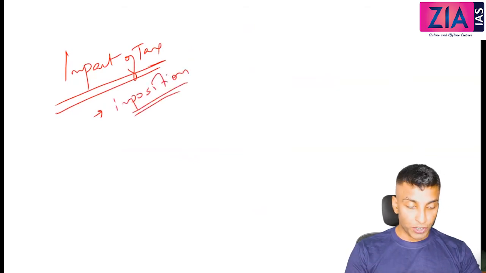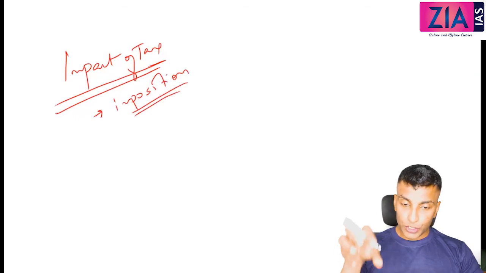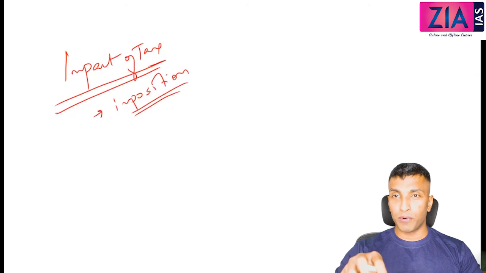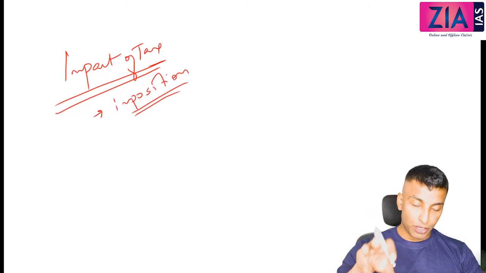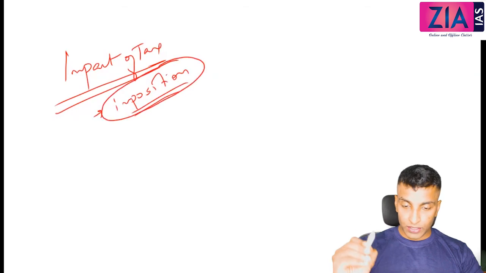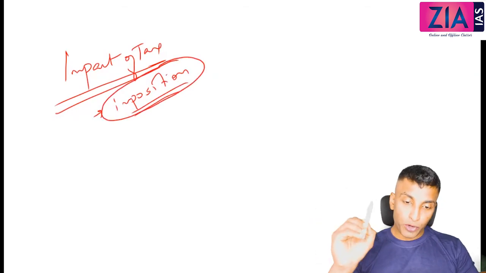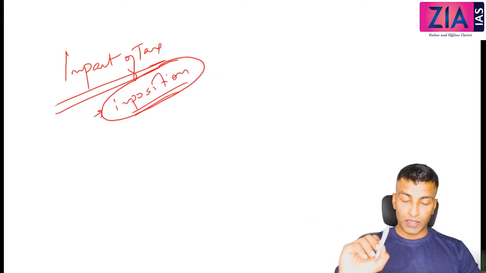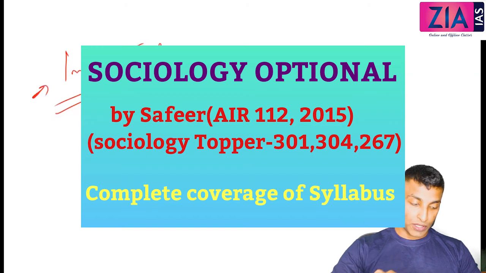That means the person or the firm on which the tax is imposed. So upon whom the tax is imposed, that is what you mean by impact of tax. Okay. So whether it is on the firm or the person upon whom the tax is imposed, impact of tax means imposition.